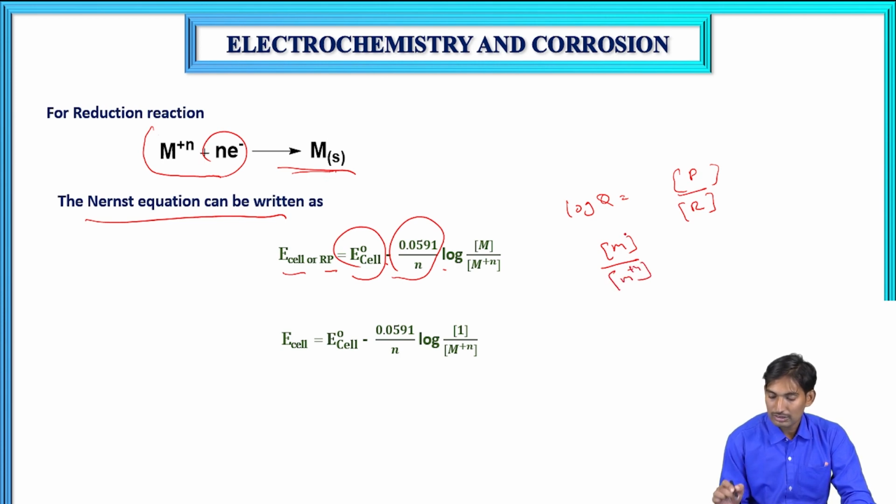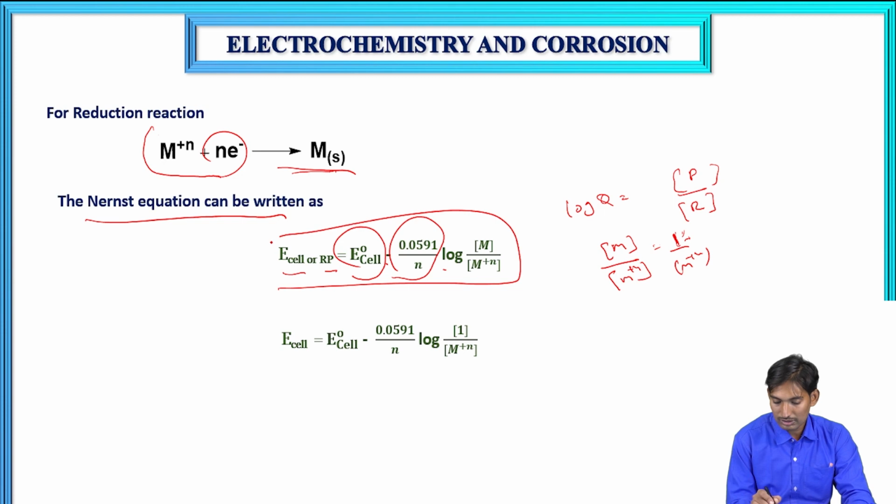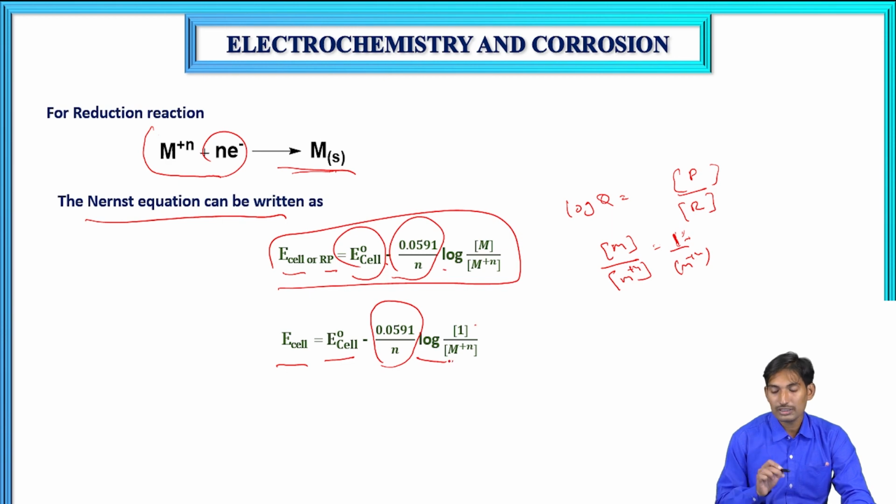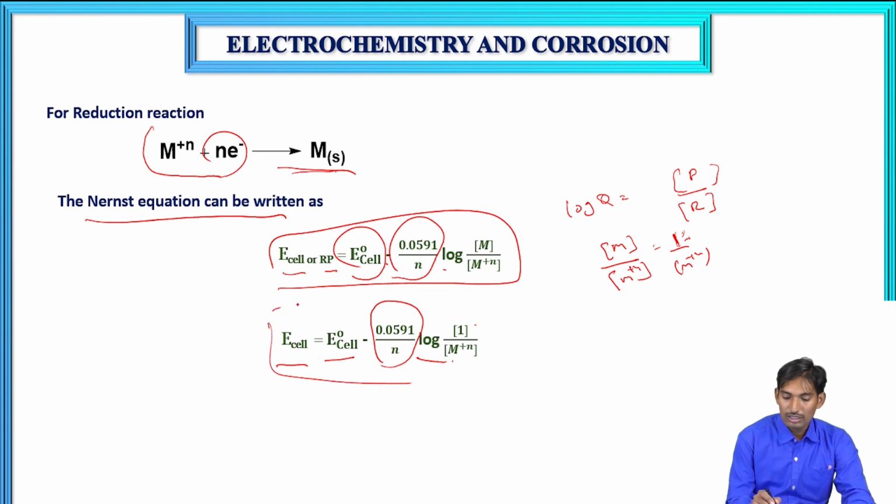Already I have said that for a solid, the concentration of the metal is unity. So instead of M it is 1 by M^n+. The final equation becomes E cell equal to E naught cell minus 0.0591 divided by n, log 1 by M^n+. This is the Nernst equation for the reduction cell reaction.